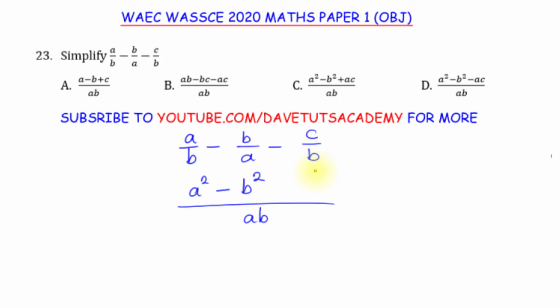Now ab over b here, the b's will cancel, remaining a times c will be minus ac. If we look at the options that we have, wow, this is quite slam dunk. Option D is corresponding to that correct answer, and that's why we have a square minus b square minus ac over ab. That is the solution to this question.